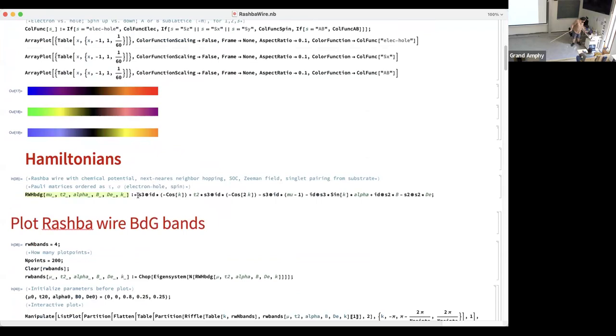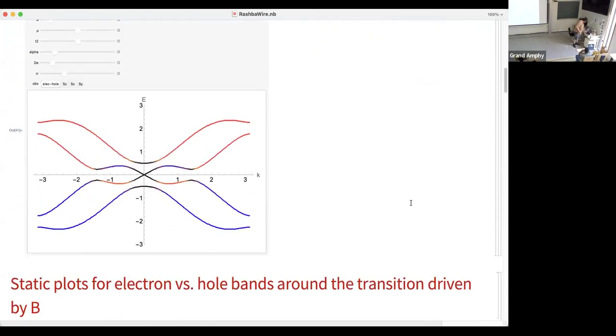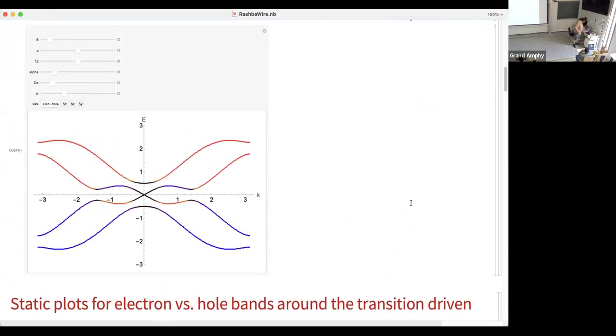It's this line here. It's just some tensor product of different Pauli matrices in particle-hole space and spin space. So it's very easy. Okay, and then you have to suffer a bit more to make this kind of plot, but it's also not so bad.